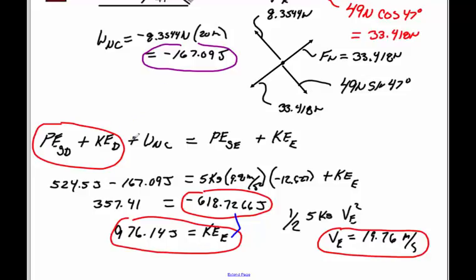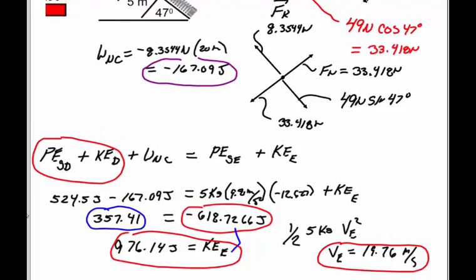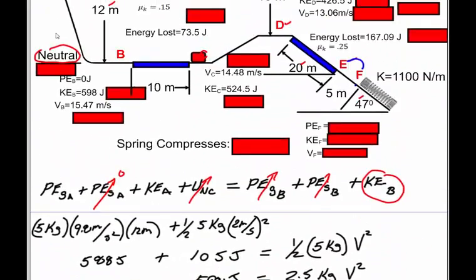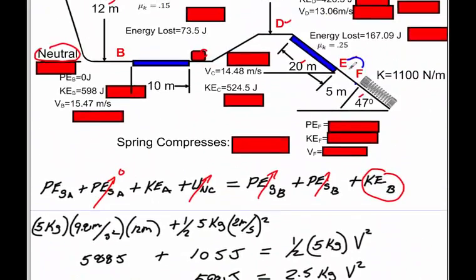Isn't that going to be the same thing as the 357.41? So I have 357.41 energy, and when I move from here down to here, I'm not going to lose any joules as a result of work by non-conservative forces, but I am going to be losing gravitational potential.